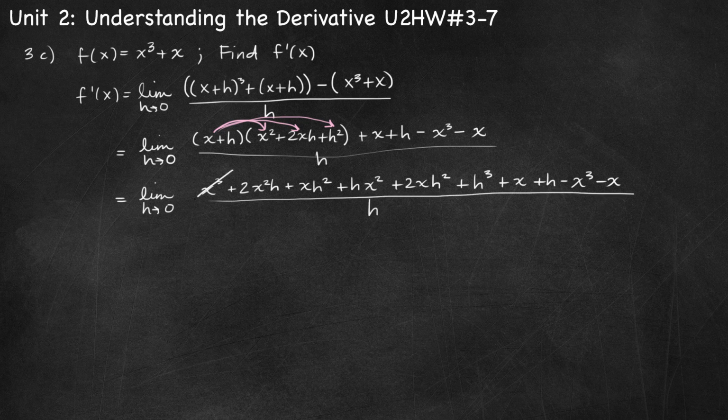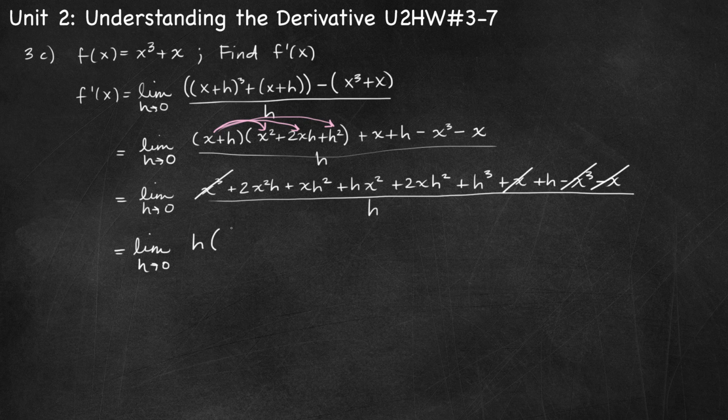So we have x cubed minus x cubed, that's 0. I have x minus x, that's 0. And I think that's the only thing I can cancel at this point. Now in the numerator, every term that's left has an h in it, so I'm going to factor out an h from the numerator.